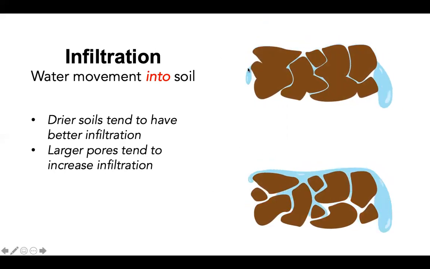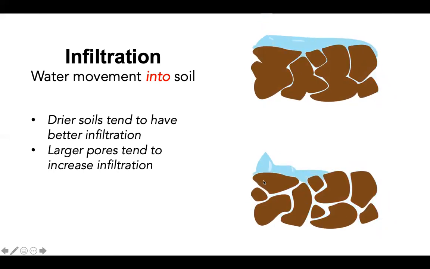Another thing that is being illustrated here in this animation is that larger pores tend to increase the amount of infiltration. If you see here, up top, you have a lot of small pores, and not a lot of water is actually making it into these pores when all is told.